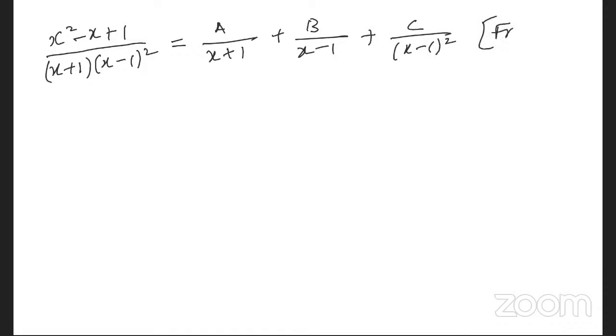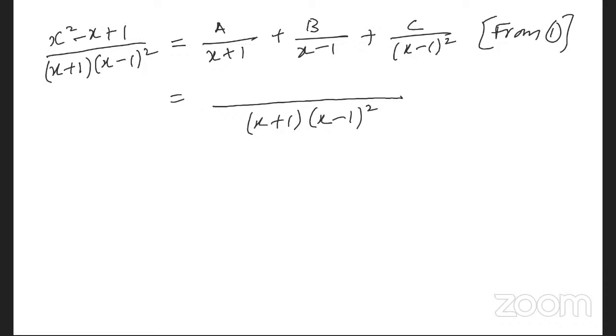You got it from 1. Okay. And consider the LCM. The LCM is going to be x plus 1 into x minus 1 whole square.